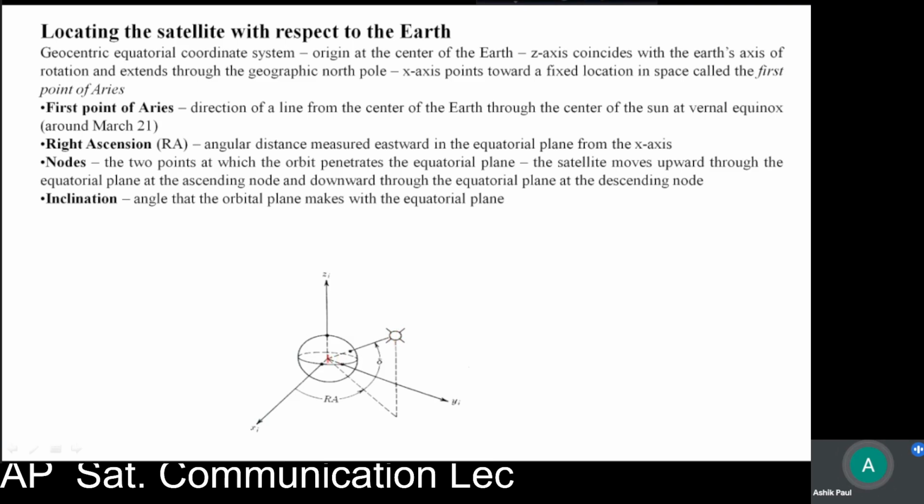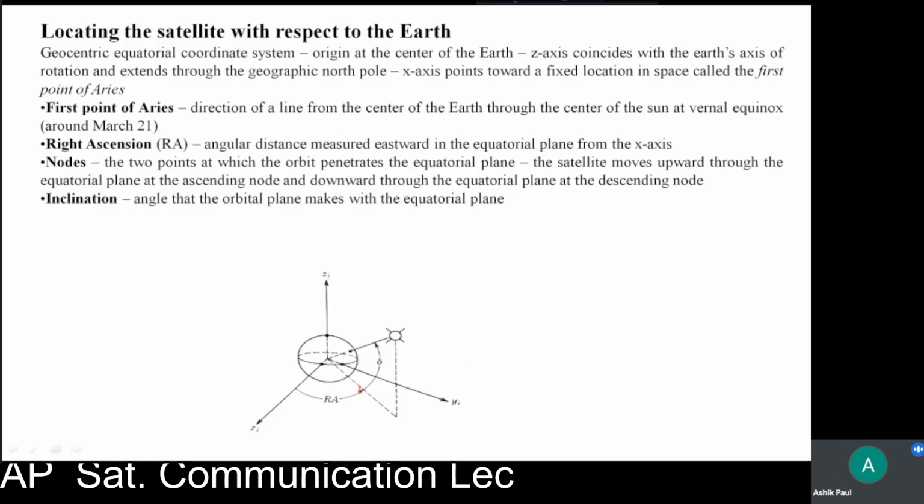You join the center of the earth with the center of that object, and you drop the projection of that on the locally horizontal plane. The local horizontal plane comprises the xy plane, because the z-axis is vertically upward. It extends through the geographic North Pole and coincides with Earth's axis of rotation.